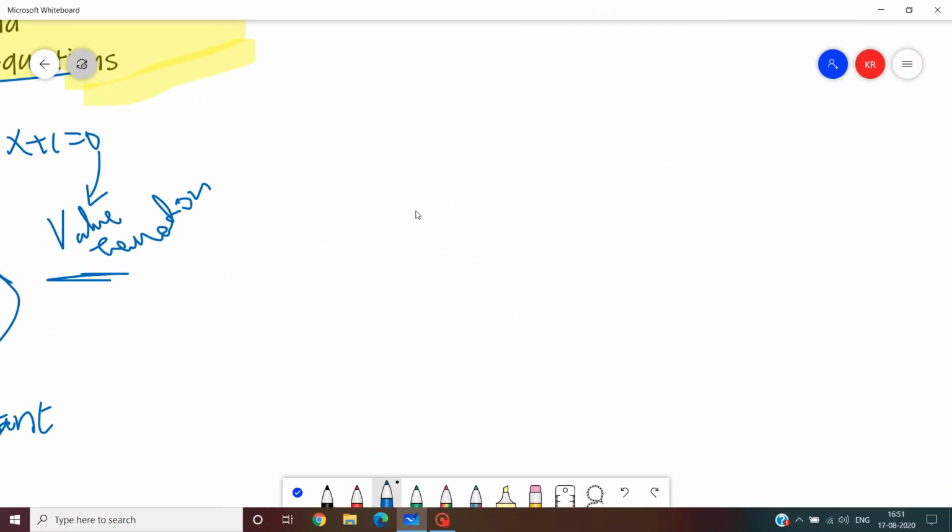I'll explain the relation between zeros and coefficients by taking a simple example, 3x square plus 15x plus 18 equals 0. Just to recall, when p of x equals 0, only then do we call the roots the zeros of the quadratic equation.